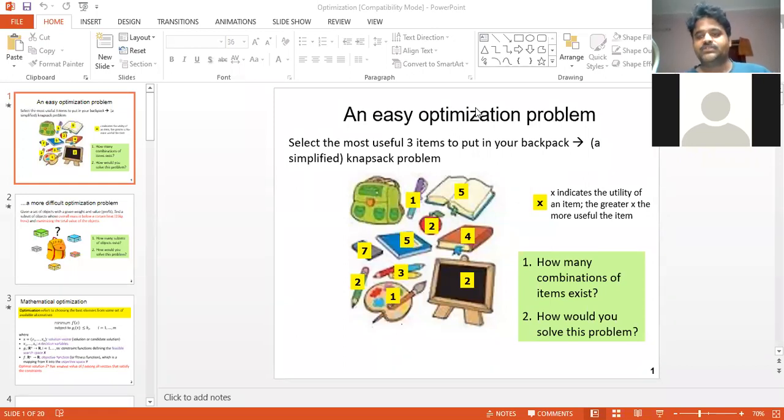The genetic algorithm is purely meant for optimization problems, so that's why we need to know what an optimization problem is. I showed you this example two days back. You have a bag and different items. Each item is represented with x. How can you put different things into a bag in order to maximize the profit?